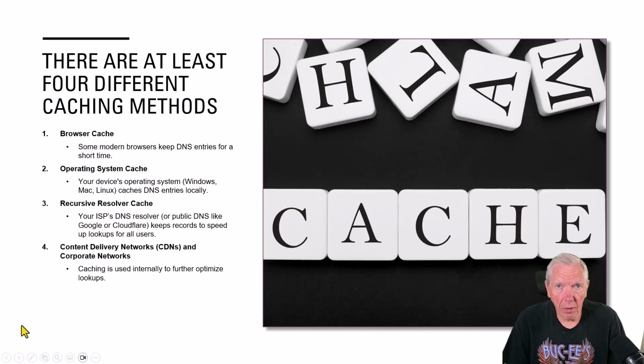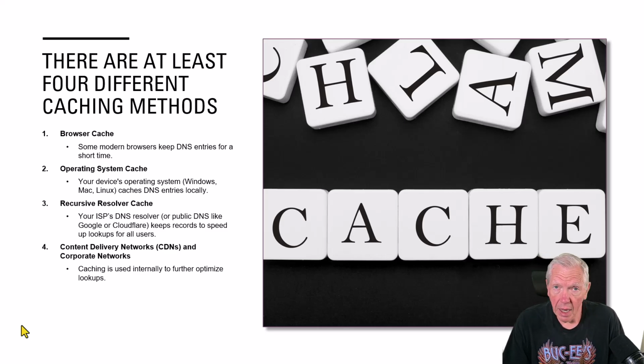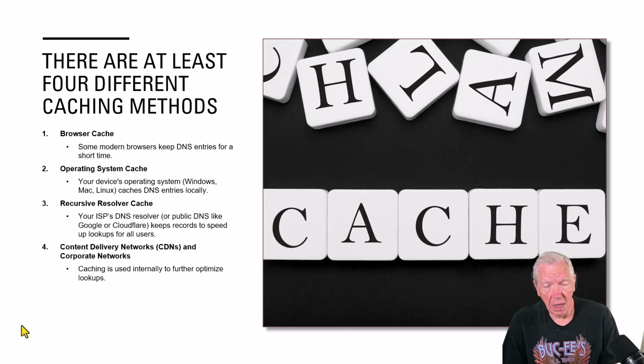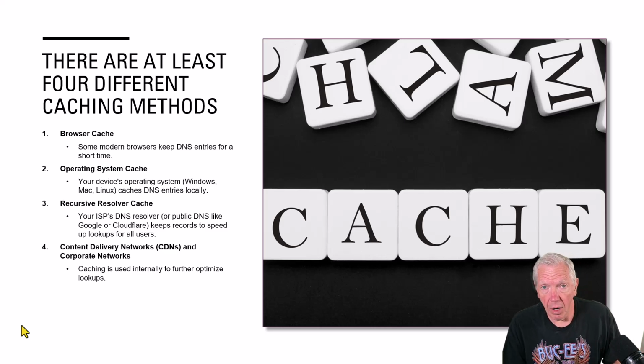Now, there are 3 or 4 different caching mechanisms. The first one is called browser cache. We've talked about that. Your browser hangs on to sites that you frequently hit. I'm sure you can think about the sites that you go to every day, for example, Facebook, maybe, or X, or Google, or Outlook, whatever. You're hitting these sites quite often. They're going to be cached in the local browser.